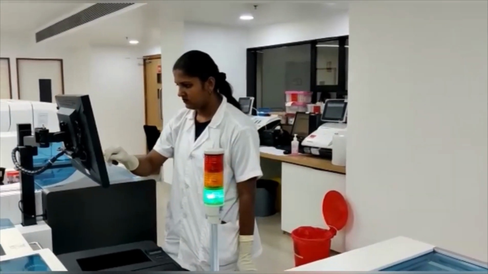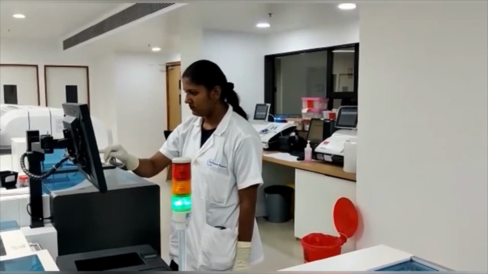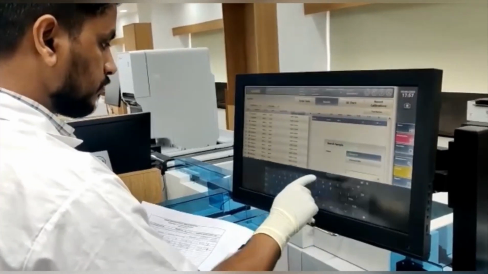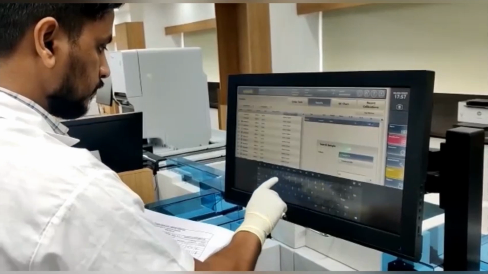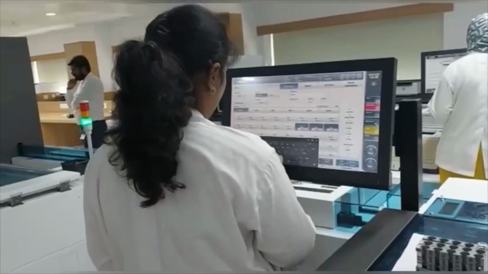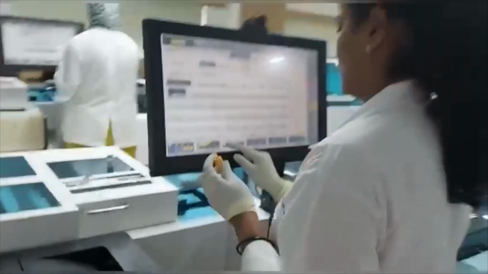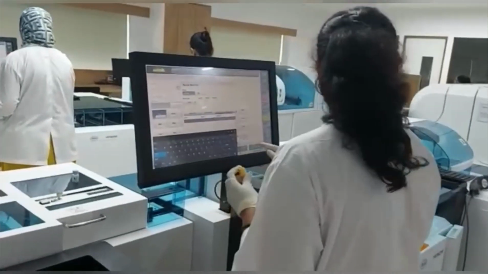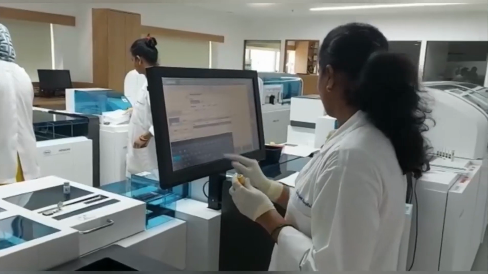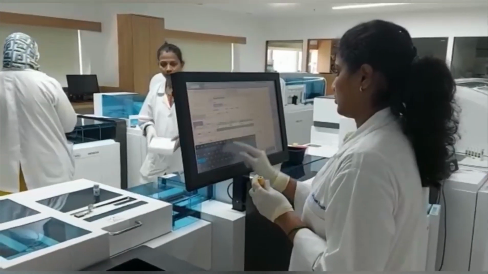There is an area for unloading if there is a sample error, and also a loading area for STAT samples. At the out sorter again there is QS1, we check the final volume, and do archiving, resealing, rerunning and rechecking of samples. The resealer or recapper covers and numbers the racks, which are stored in the refrigerator.